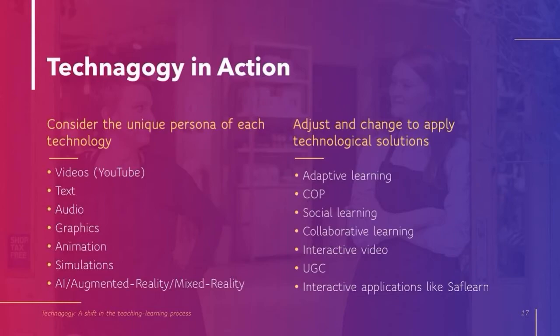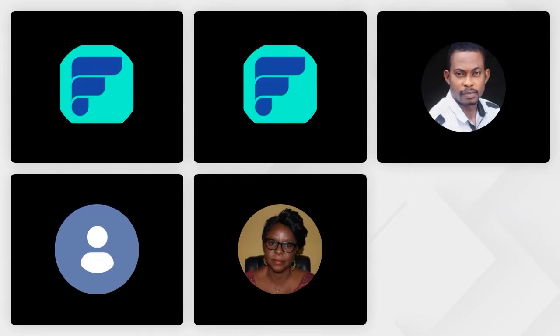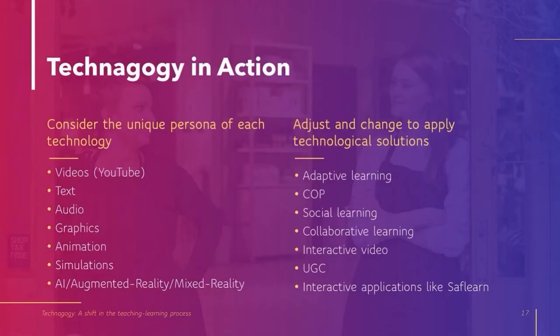Now we look at the other side, which is adaptive learning. I don't know how it's going to be possible if you don't have technology to help you achieve what we call adaptive learning, tailoring teaching and learning to the needs of students or to the needs of your learner. And of course, community of practice, there's no way you can achieve that without technology.